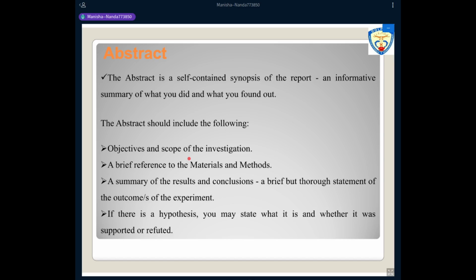You should not give any vague or very complicated statements in the abstract. Your focus should be that whenever somebody reads your abstract, because it comes first, even if it is a research paper or your dissertation, they should clearly get what the objectives of your research were, how you conducted it, and what the major outcome of the research is.